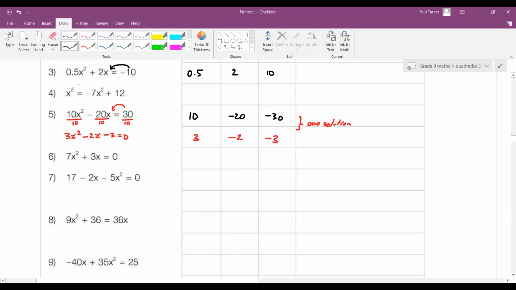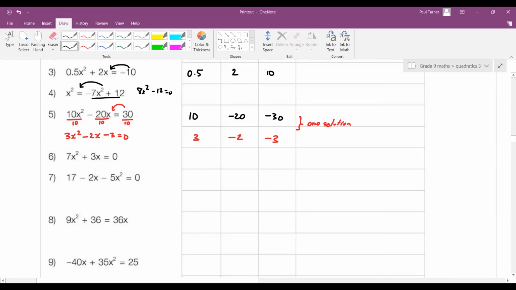And then this one, you've got minus 7x squared plus x squared. So we could bring these numbers, I don't know which side you took them, but I would bring them to this side. So you're going to get 7x squared plus x squared. So that's 8x squared minus 12 equals 0.